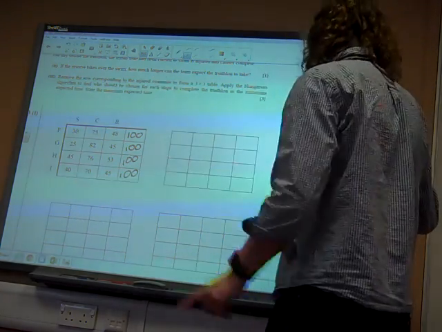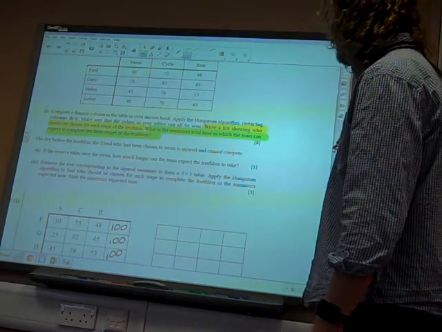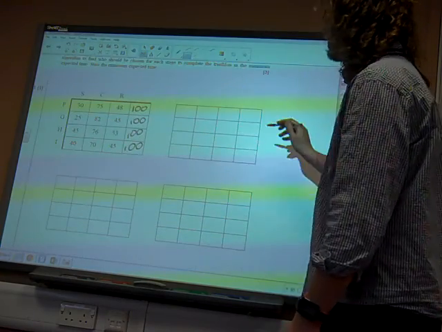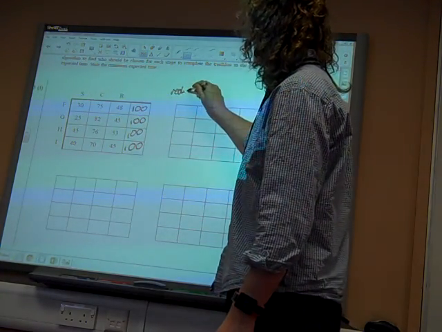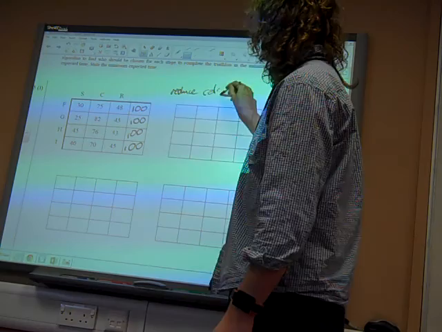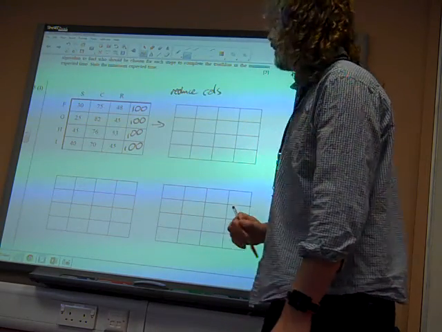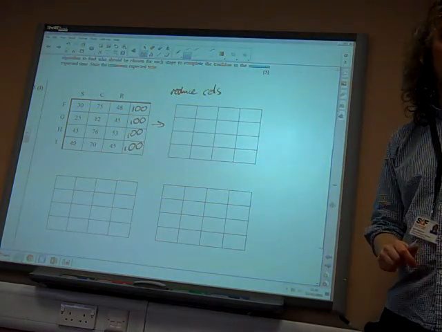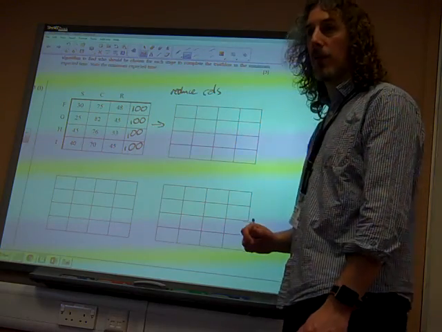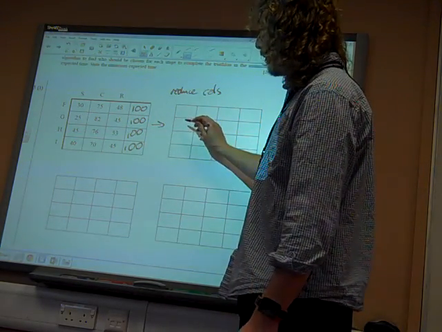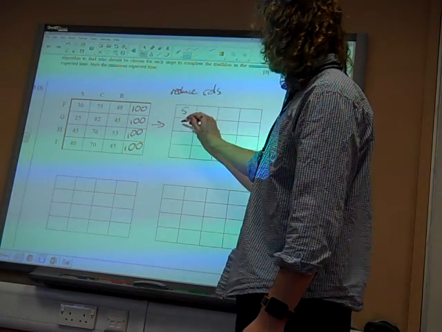And then the question said, start by reducing columns. So I'm going to reduce the columns. I'm going to label what I'm doing. Reducing the columns means subtracting the smallest value from each column. So we've got 25 away from this one.